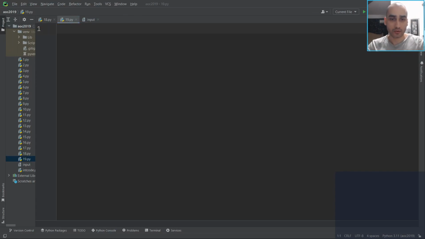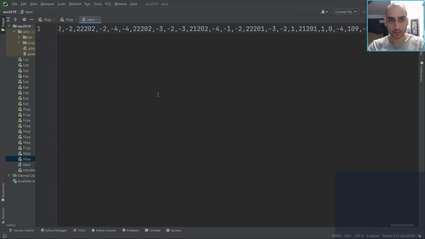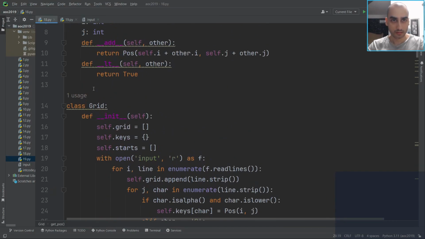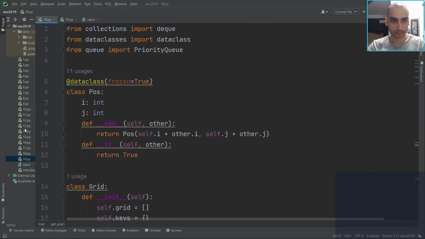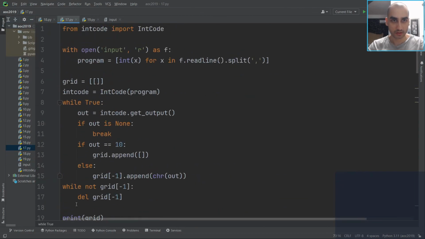So we've got Intcode, and just copy in this program. Yeah, this program looks like it might take a while to run. Okay, so 17 was the last Intcode, so I guess we want this as always.